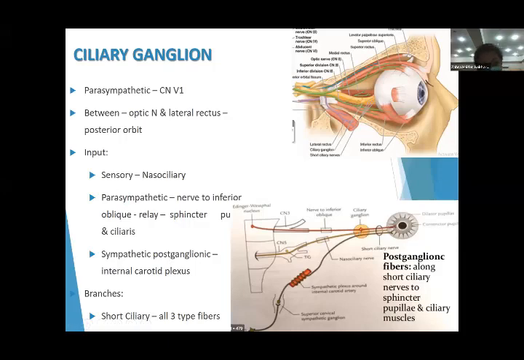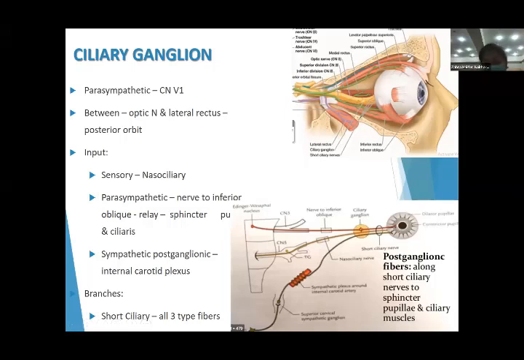अभी बता दिए कि इसकी nasociliary की supply क्या है. And then you have sympathetic fibers. Superior cervical ganglion से postganglionic sympathetic fibers make a plexus around the internal carotid artery. यहाँ से यही postganglionic fibers pass through the ciliary ganglion, do not relay in the ganglion, pass through the short ciliary nerves and go and supply the dilator pupillae.